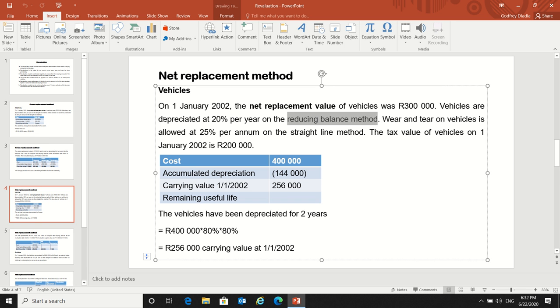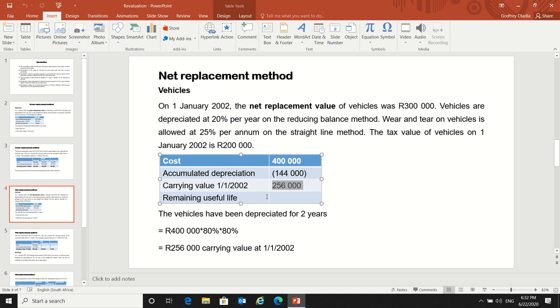Now, it says 20%. The carrying amount is always 80%, because 20 is the one in the middle. The 144 technically is not necessarily 20% because it's 2 years.